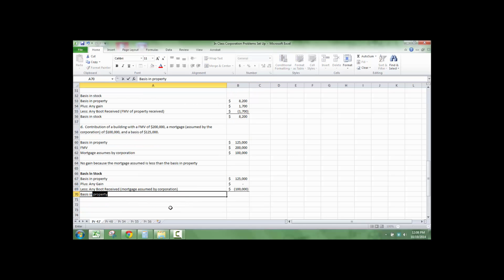So the basis in the stock on this example is only $25,000.